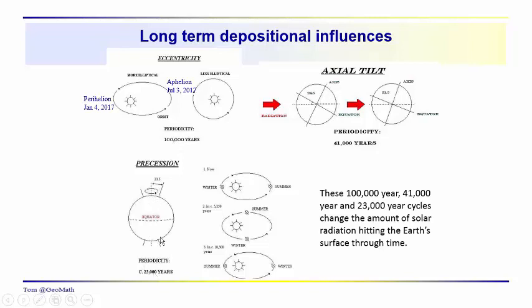So, in this particular slide, although you run into variable periods depending on where you look. And so, when we actually look at data, we'll get slightly different answers. But at any rate, then we have eccentricity, which has a period of about 100,000 years. At different times of the year, for example, in January, we're actually a little bit closer to the sun than we are in summer. In winter, we're closer than we are in summer.